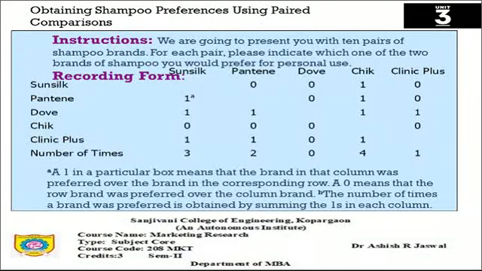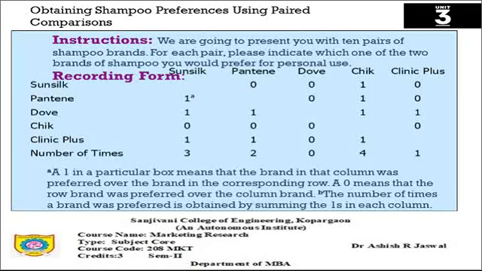From this we can easily analyze which is the most preferred brand. The highest number is 4, from which we can conclude that Chic is the most preferred brand from the different shampoo brands available. That is what we can use in the case of paired comparison.